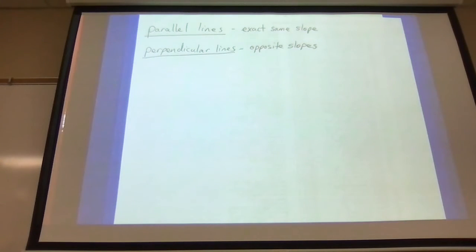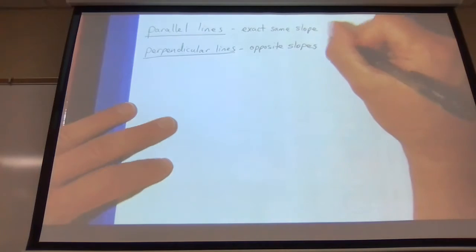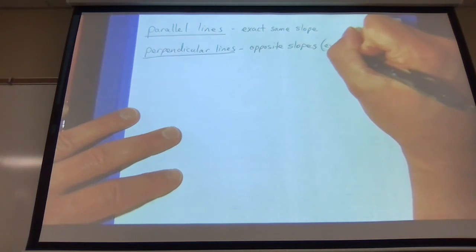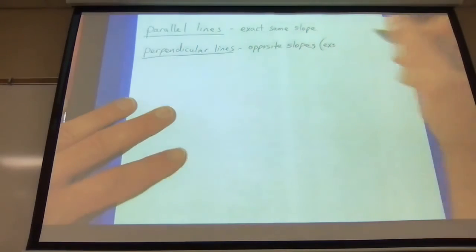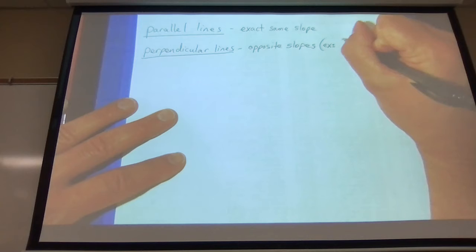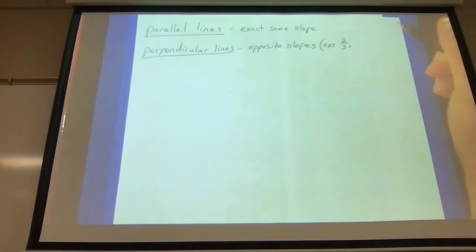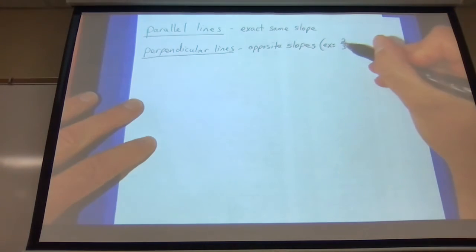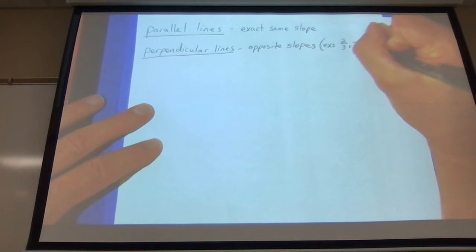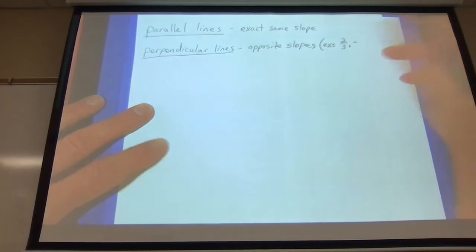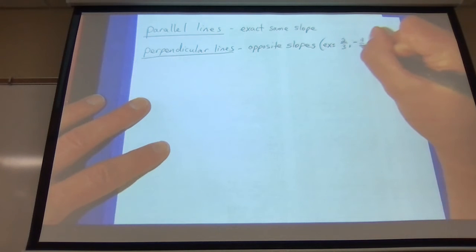I'm going to show you an example of what we mean by opposite slopes. Opposite slopes would be like if one of them was 2/3. The other one's going to be the exact opposite. Since this one's positive, the other one's going to be negative. And the opposite of 2/3, if you flip that over, you get 3/2.